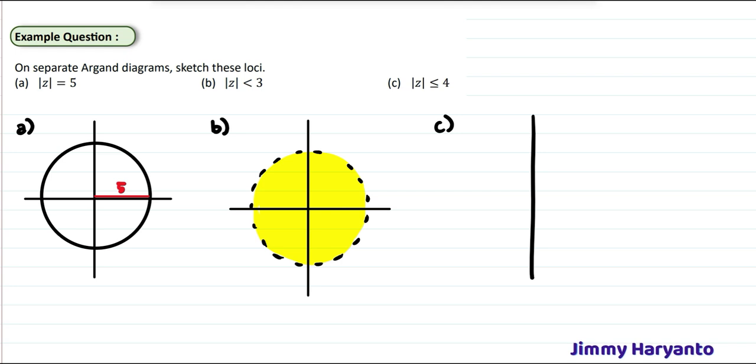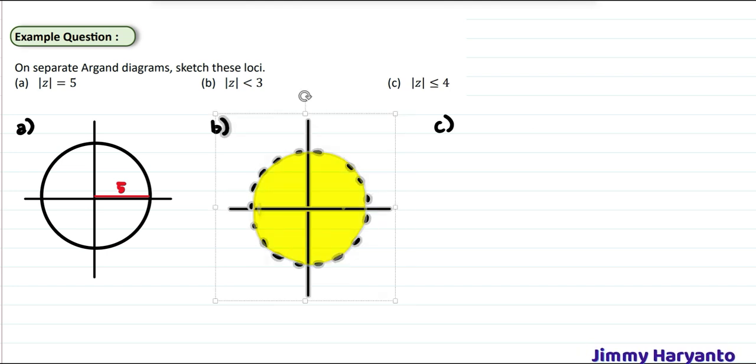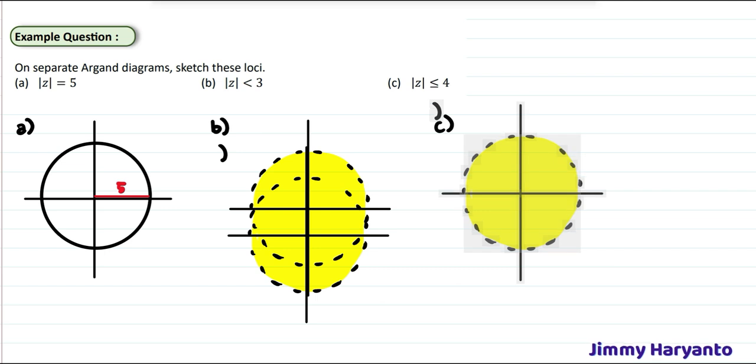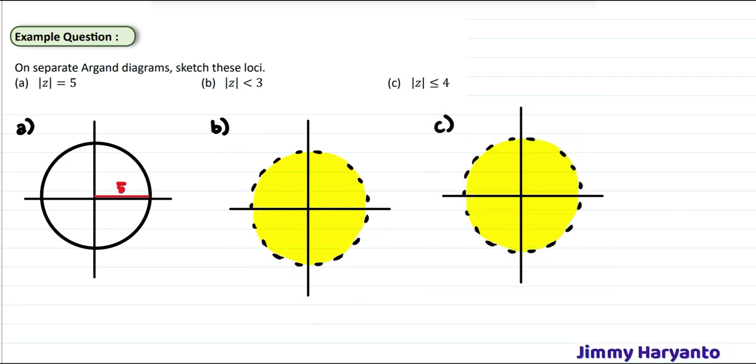Next, C is the same as the B. Let me copy the B. Okay, same thing as the B, but this time the circle will be a complete circle like this. So that is example question 1.